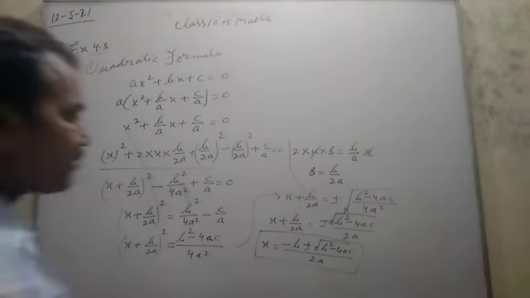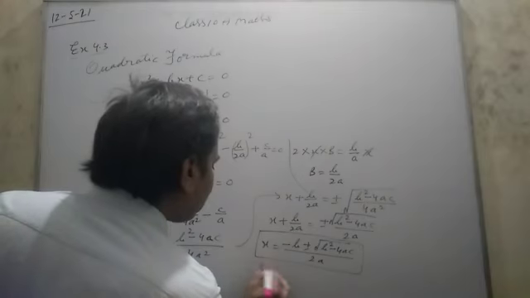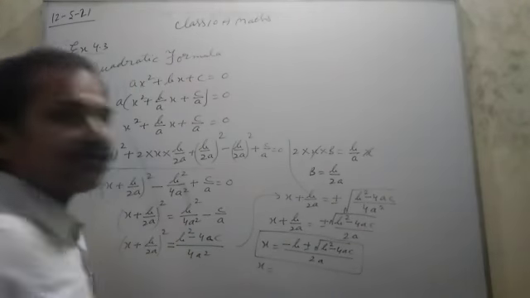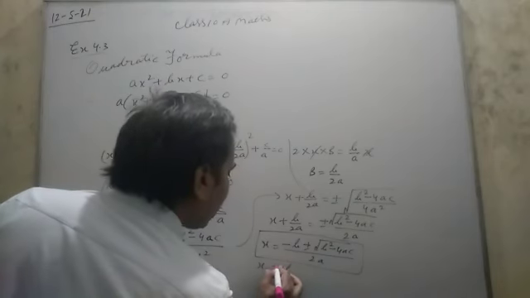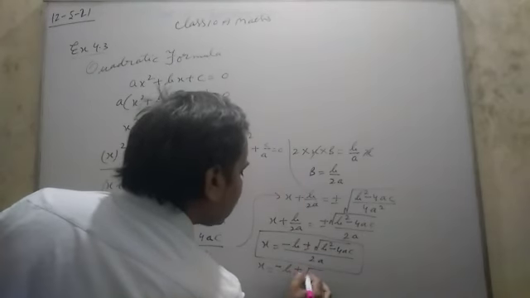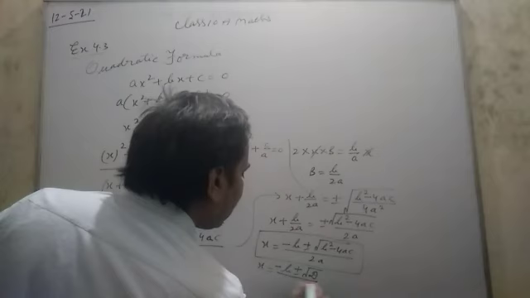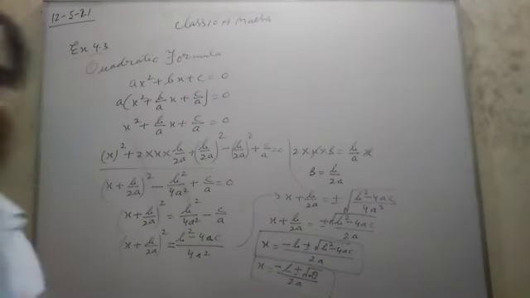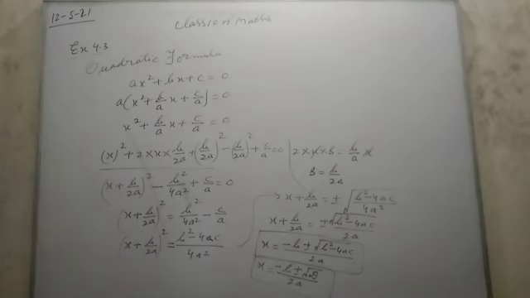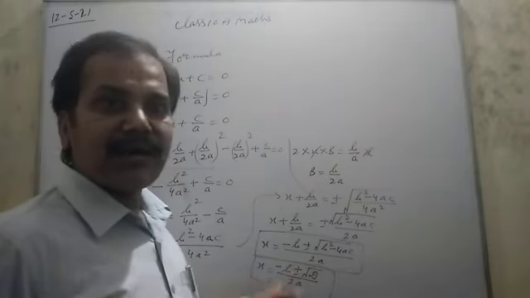We also know that b square minus 4ac is the discriminant, so directly we can write x is equal to minus b plus minus under root D upon 2a. Both are the same, and we can use either for finding roots of quadratic equations.